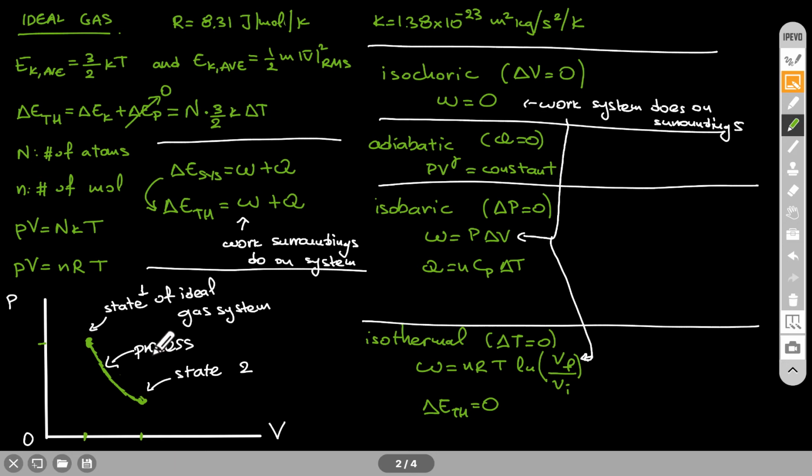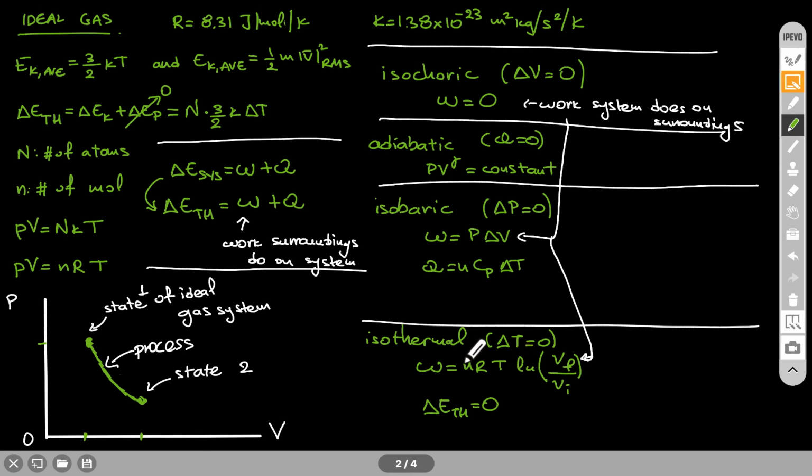Since this is an isothermal process, looking at the theory, I know that the change in temperature is 0 during this process, which means the change in the thermal energy is 0. I also have here the work that the gas does on the surroundings. It can be found as nRT ln V final over V initial.